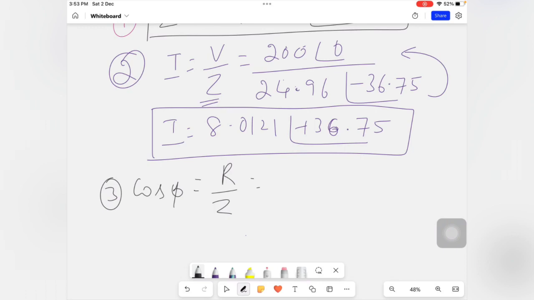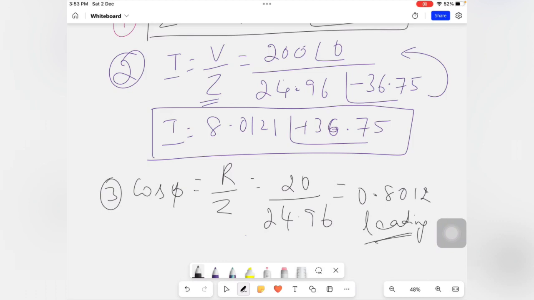So R is equal to 20 and the Z value is 24.96. If you do this, you will get around 0.8012. Leading or lagging? Because of the RC circuit, this is leading.